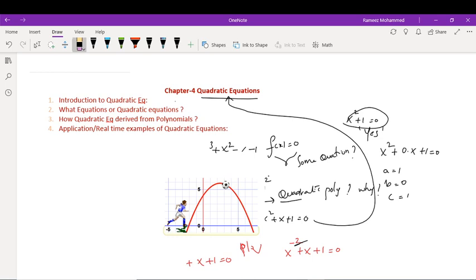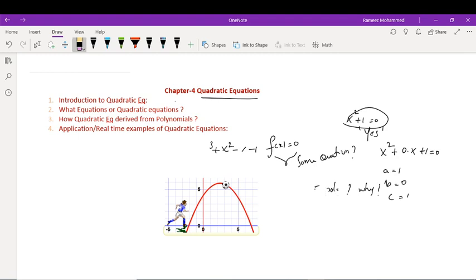See, this is the figure. What this figure says is, as I told you, a quadratic equation has a shape like this. This is the parabola curve. Let's assume that you are a football player and someone hits the ball, and let's assume that it follows a parabolic shape.